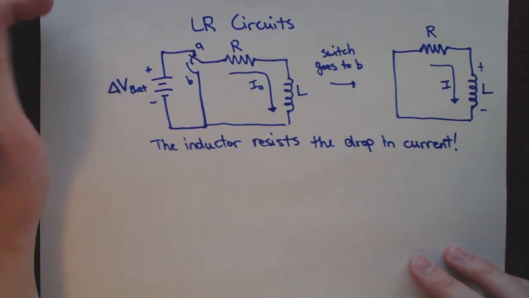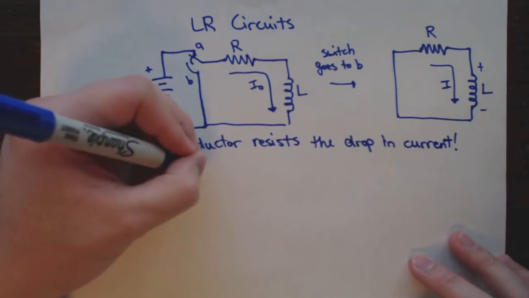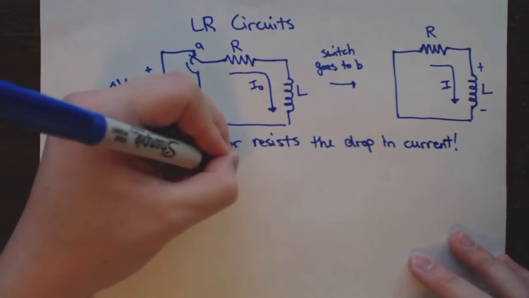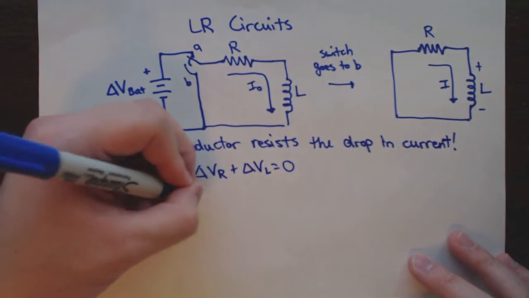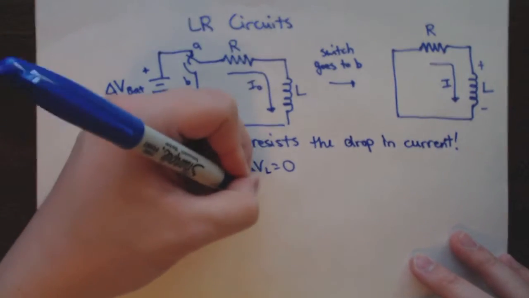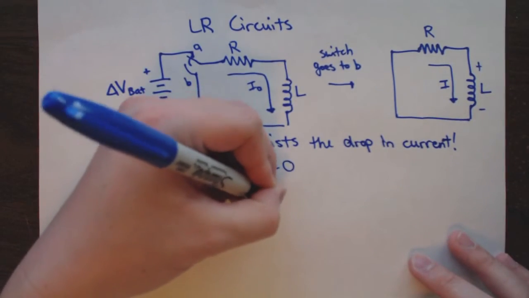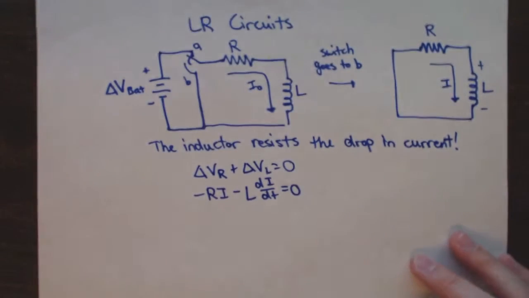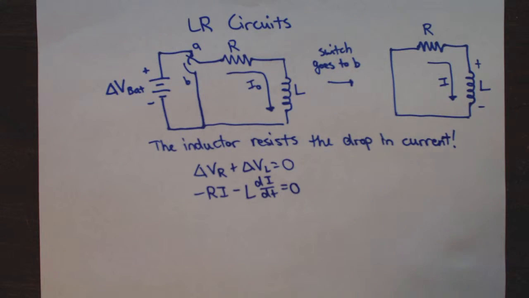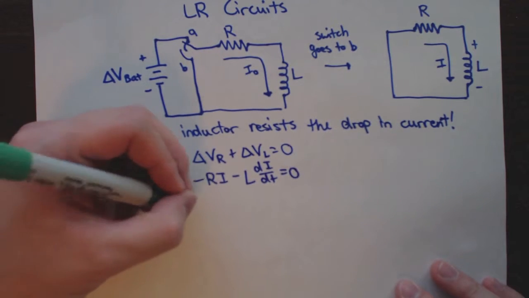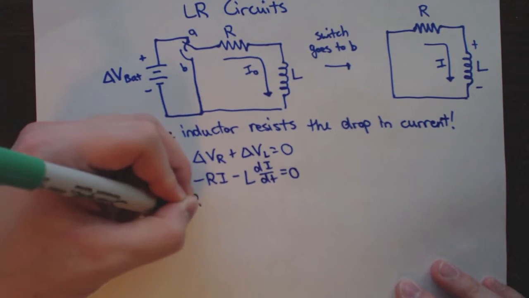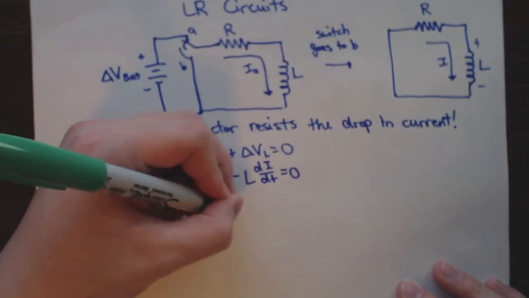Now, since the current's already going clockwise, we'll try and keep with our traditional convention, where since the current is going through the inductor, we'll consider the inductor as if it were a negative or a potential drop. But you'll see that hidden inside that dI/dt, since dI/dt is negative in this case, that's how it's actually going to offset. But we'll just keep to convention, and it will actually work itself out.